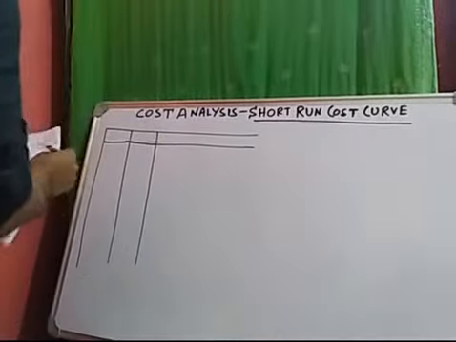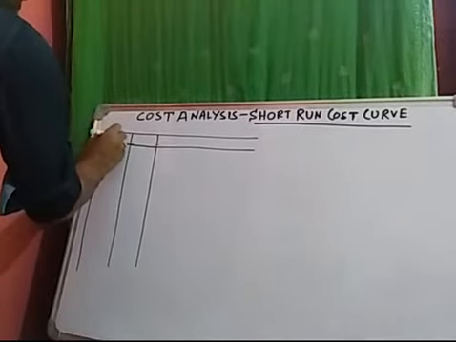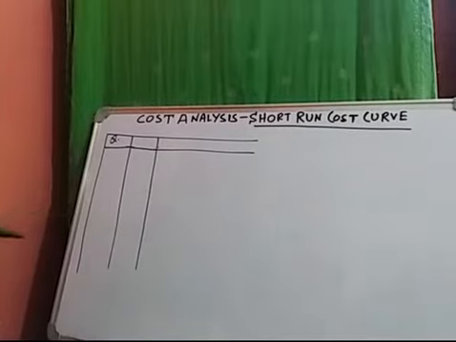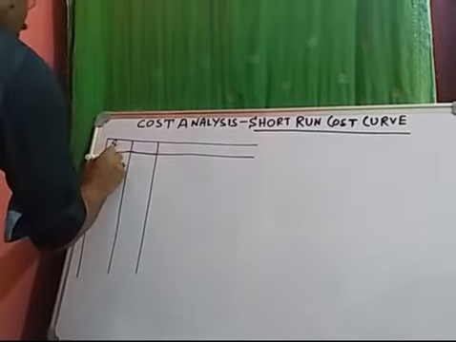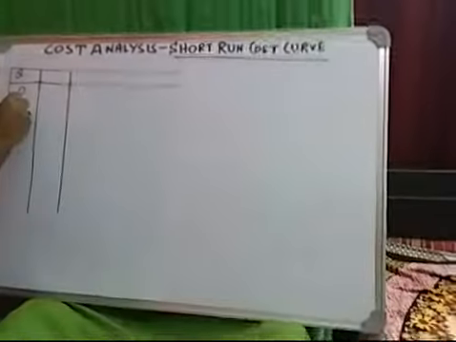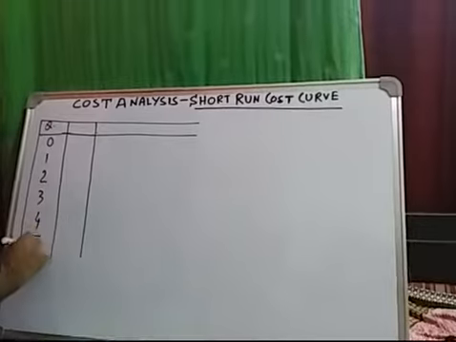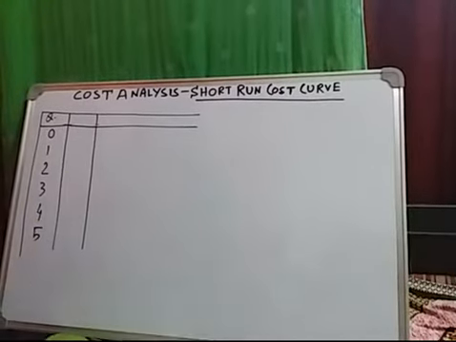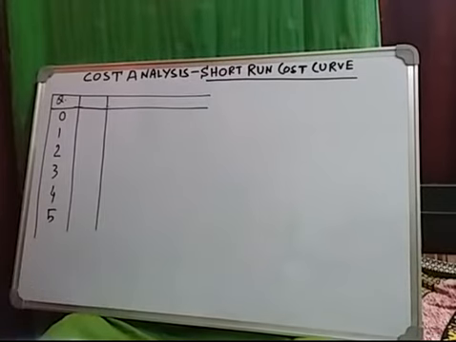In the first column I have taken the quantity, meaning Q, output. I am taking the points 0, 1, 2, 3, 4, 5, meaning I am producing the product from 0 to 5 units.